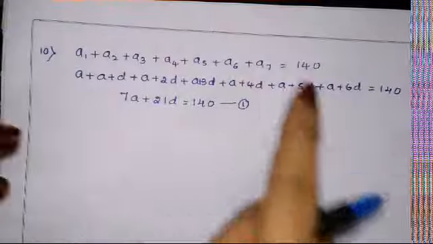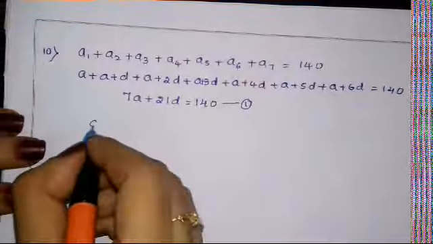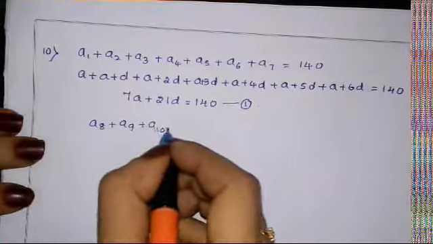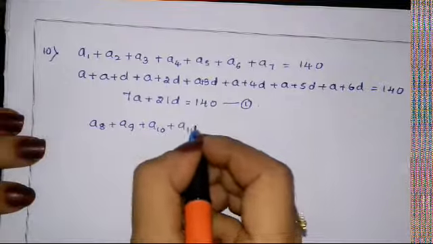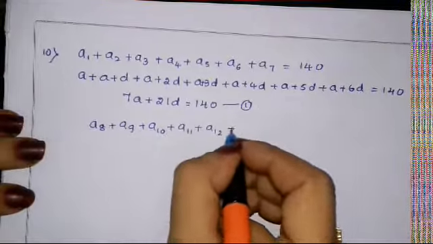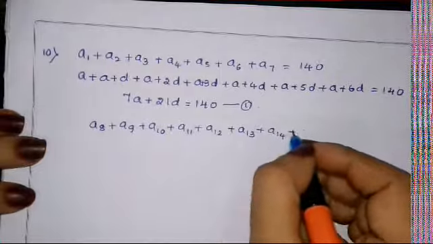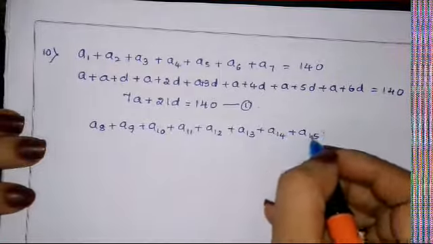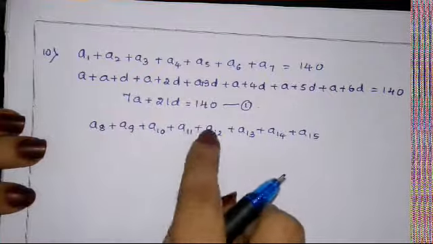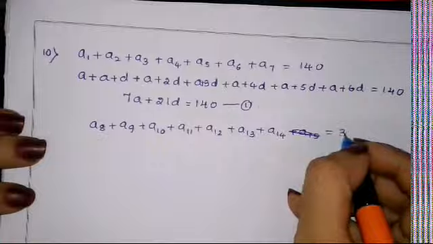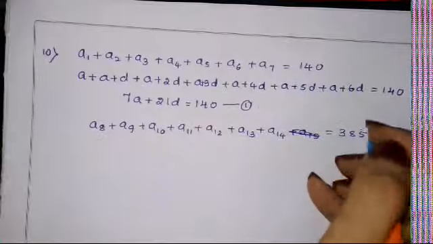Now, what they have told in the question: the sum of next 7 terms is 385. The next 7 terms are A8, A9, A10, A11, A12, A13 and A14. 1, 2, 3, 4, 5, 6, 7. The next 7 terms sum to 385. In the same way we have to solve.